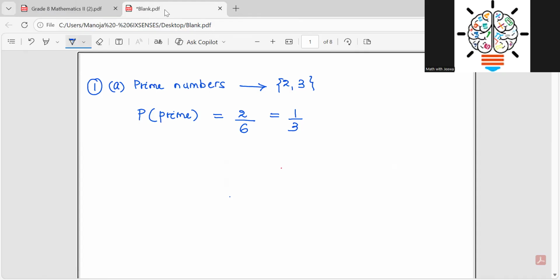Just imagine someone who doesn't know the scenario looking at the answer; they might think you had 3 numbers, and out of 3 numbers, 1 was a prime number. But if you write 2 over 6, it gives the clear picture, because it tells us we had 6 numbers, and out of 6 numbers, 2 numbers were prime numbers, right?